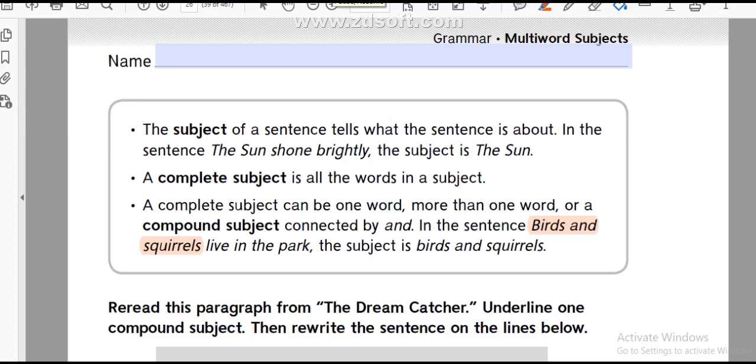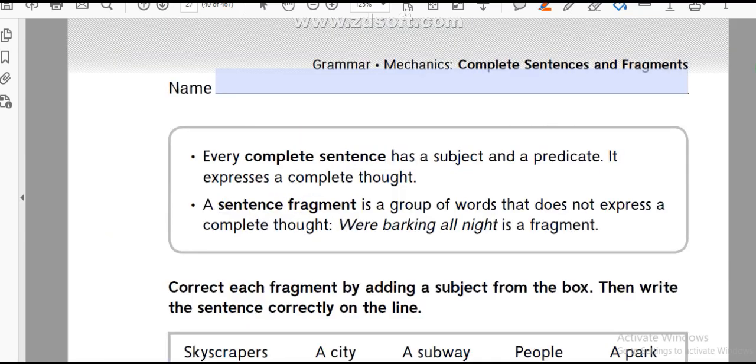So as I told you, the compound subject means when we have two subjects in the complete subject, or sorry, the compound predicate is when we have two predicates in the complete predicate. So the compound subject, okay, let me show you.